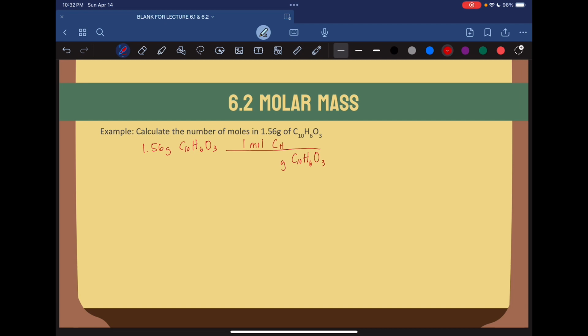C10H6O3. So let's calculate the molar mass. Carbon, hydrogen, oxygen, 12.01 times 10 equals 120.1. 1.01 is for hydrogen, and I have 6 of them, and that is 6.06. And then oxygen is 16, and I have 3 of those.